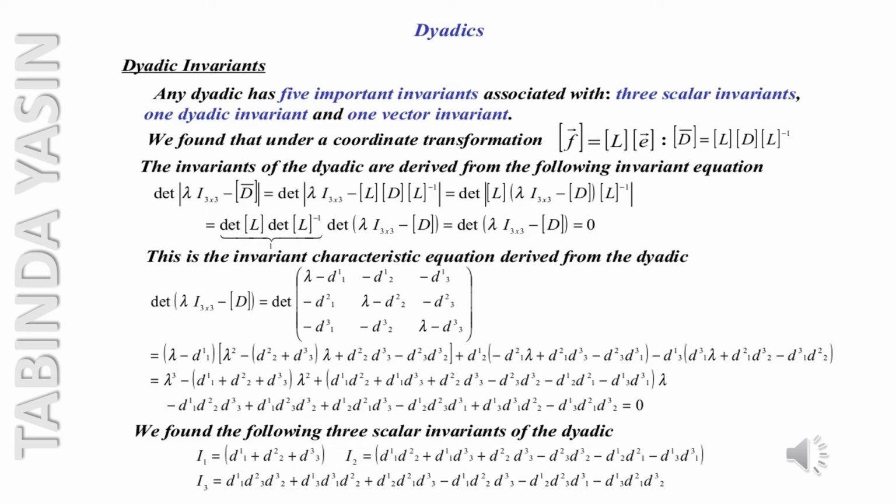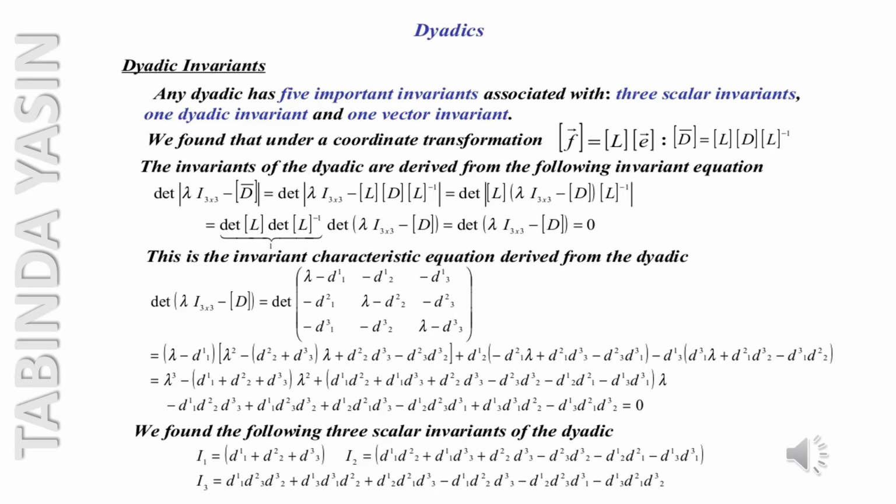Dyadic invariants. Any dyadic has 5 important invariants associated with it: 3 scalar invariants, 1 dyadic invariant and 1 vector invariant. We found that under a coordinate transformation, the matrix D' is equal to L times D times L to the power minus 1.